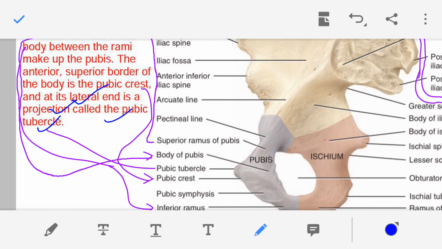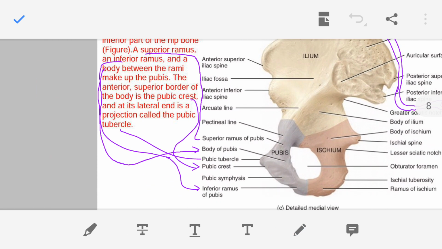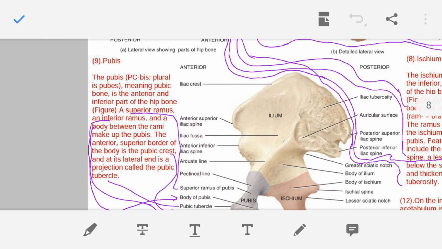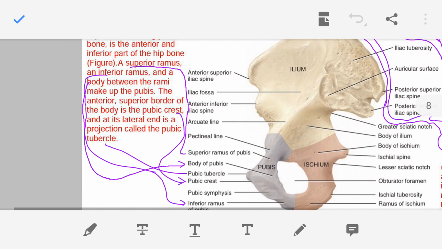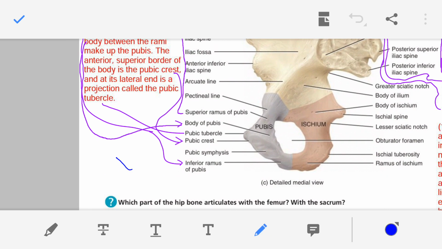On the lateral side of the pubic crest, the pubic tubercle is present. So this one is the pubic tubercle. This one is the theory point, and this one is the figure.